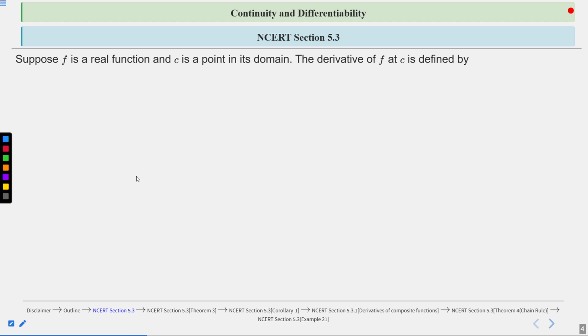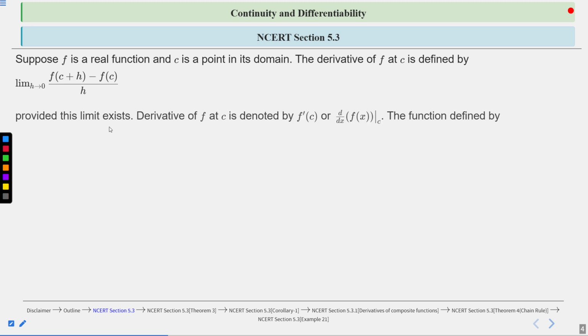Suppose f is a real function and c is a point in its domain. The derivative of f at c is defined by the limit as h tends to 0 of f of c plus h minus f of c upon h, provided this limit exists.